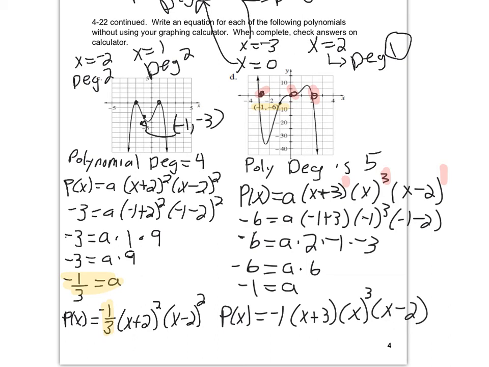The point chosen is highlighted in yellow, negative 1, negative 6, and so letting x be negative 1, y be negative 6, I found an A value that comes out to be negative 1, and so my polynomial now is P of x equaling negative 1 times x plus 3 times x cubed times x minus 2.